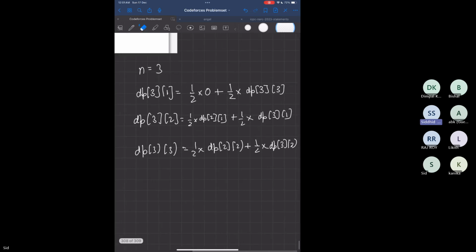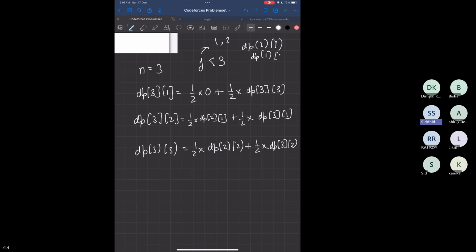So now we have 3 equations, and since we are evaluating it through dp, let's consider that for every j less than 3, that means for 1 comma 2, we already know the values, like dp 2, 2, dp 2, 1, dp 1, 0 and stuff like that.